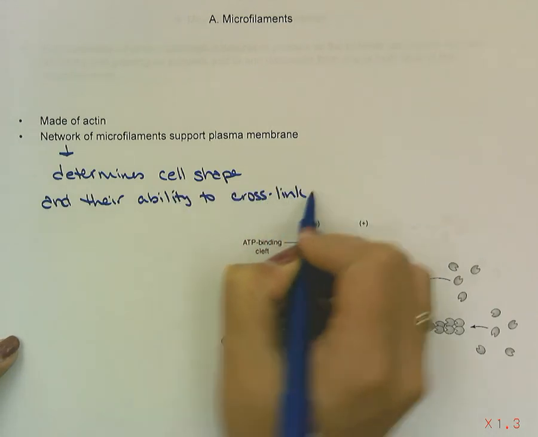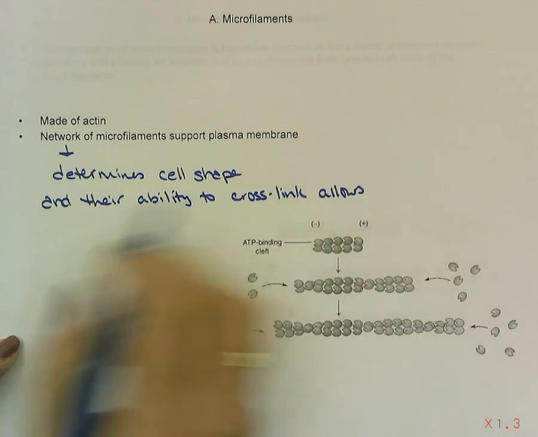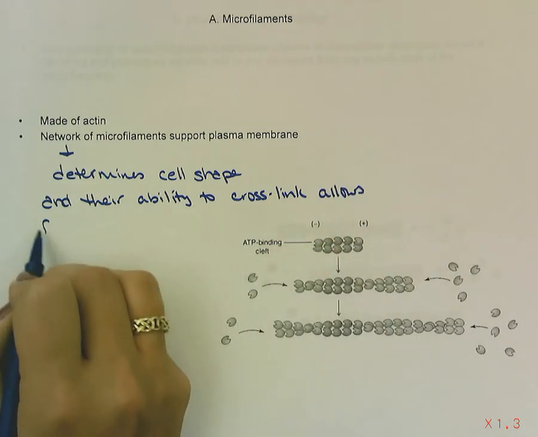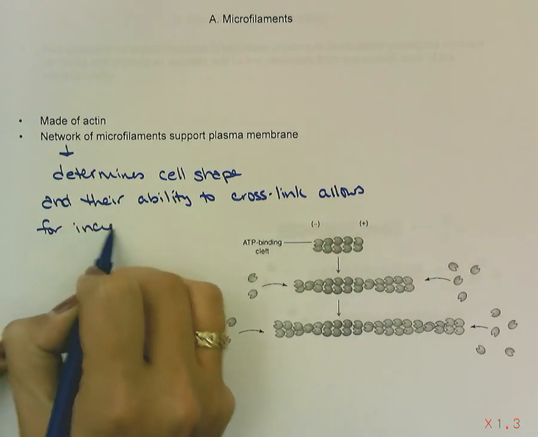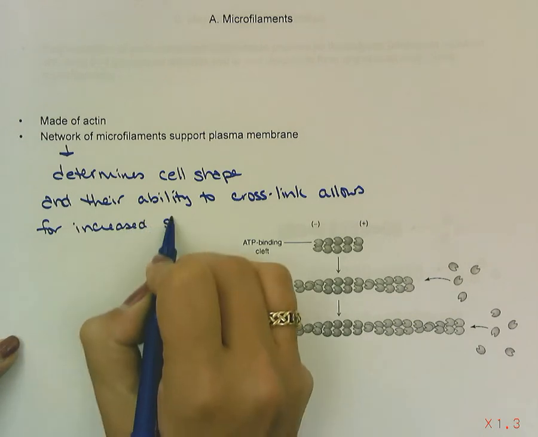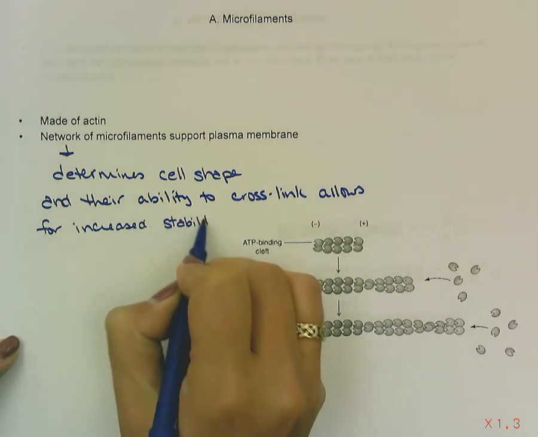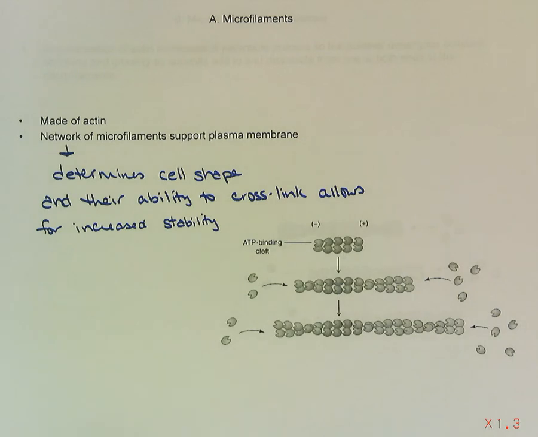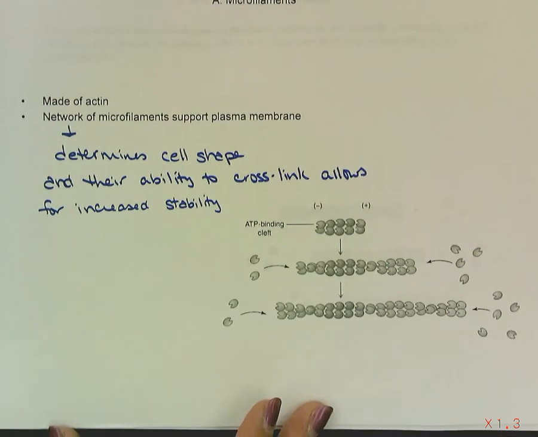And their ability to cross-link allows for increased stability. Okay, so actin and microfilaments.